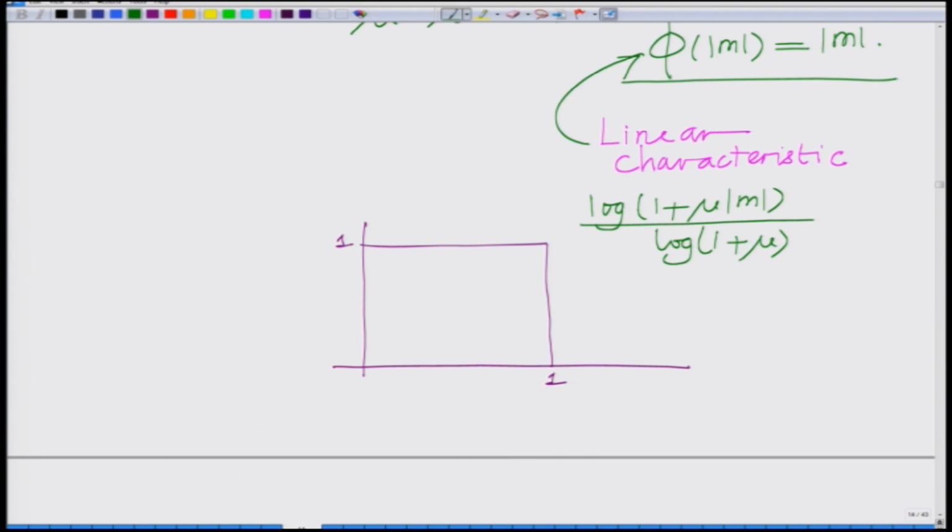Now, if you plot this, what you will observe is that for mu equal to 0, it is a straight line.